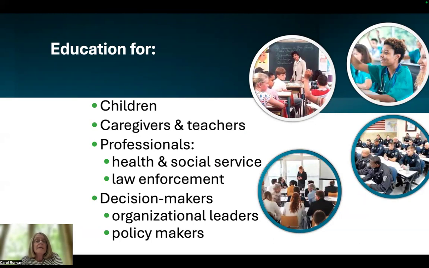Or we might do education to decision makers, either organizational leaders about the benefits of paid family leave, or policymakers trying to institute state or federal laws, or laws at the local level. So education isn't just directed at the potential victims of injury, but at a whole range of those who have influence over the process.